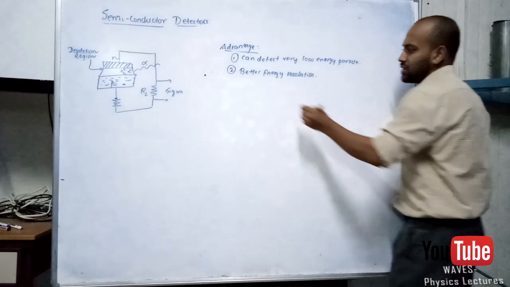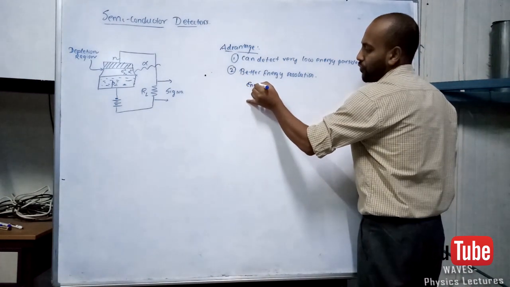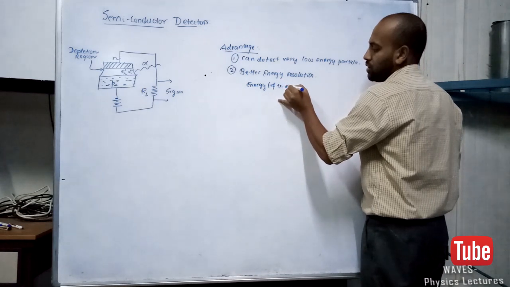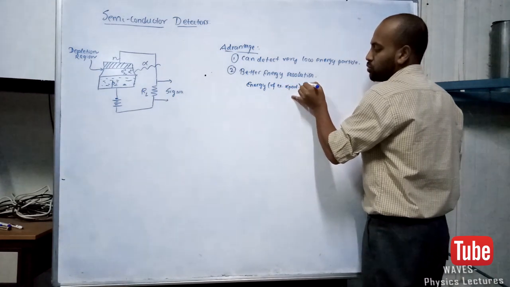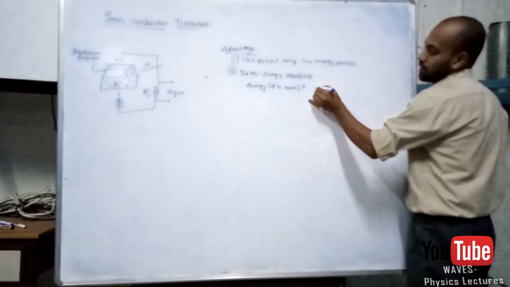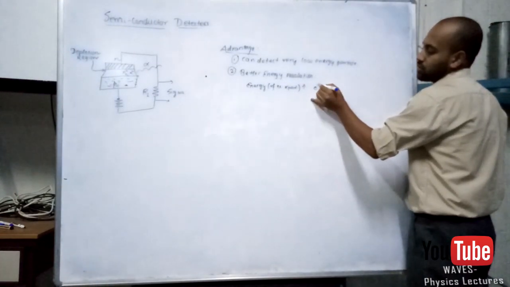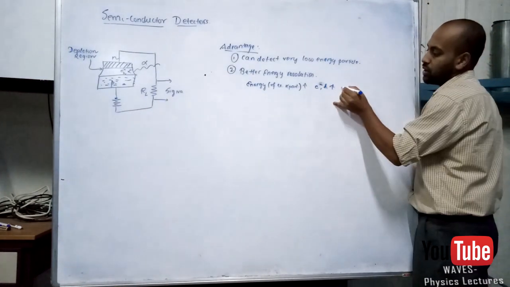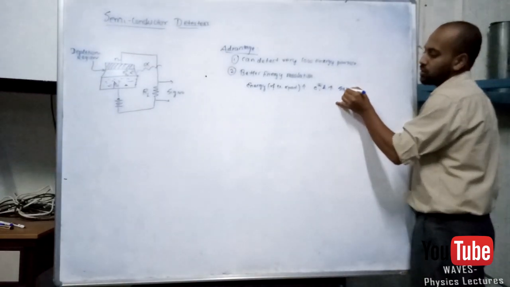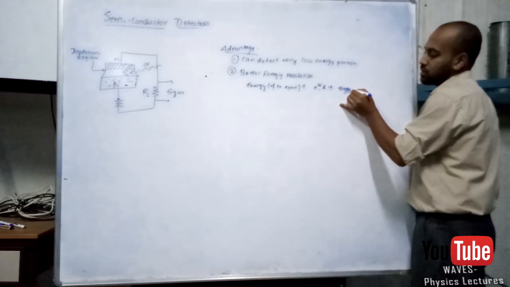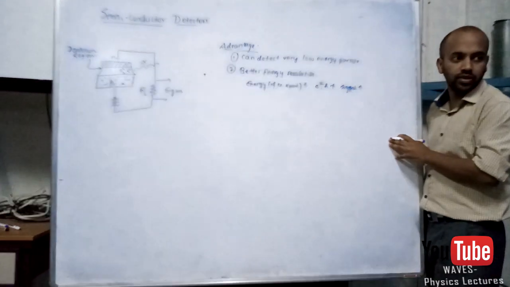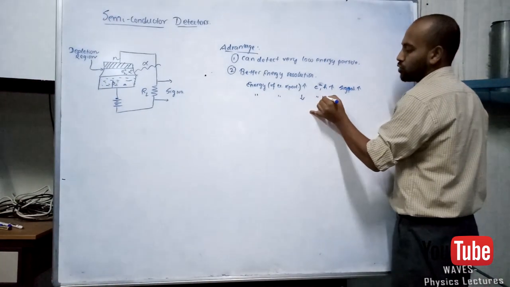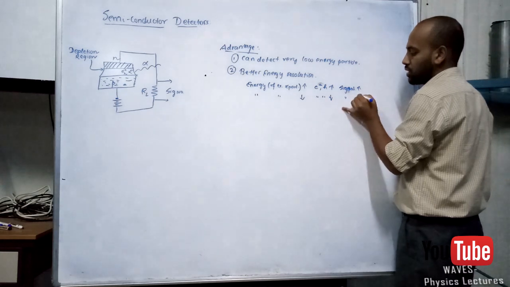So what happens is, if the energy of, for example, an alpha particle is more, then electron hole pairs are more, and the signal is more. But if the energy of a particle is less, electron hole pairs will be fewer in number and the signal will also be low.